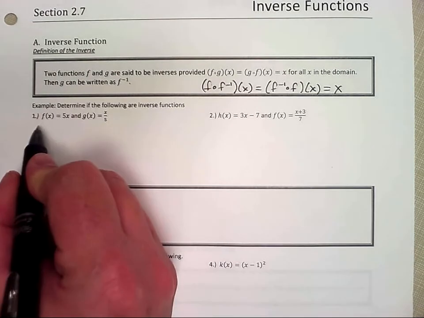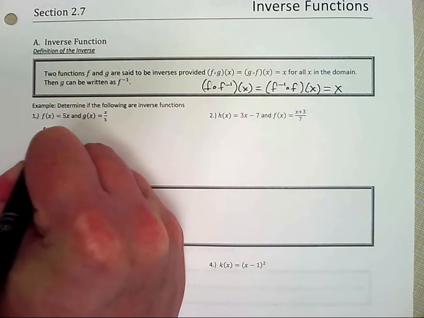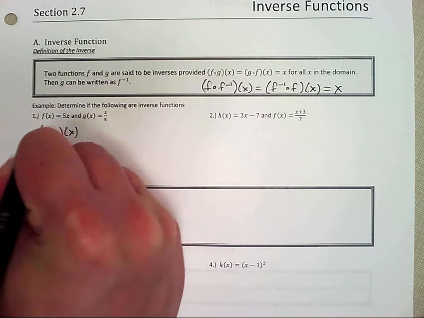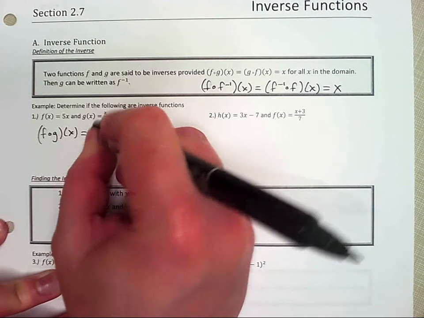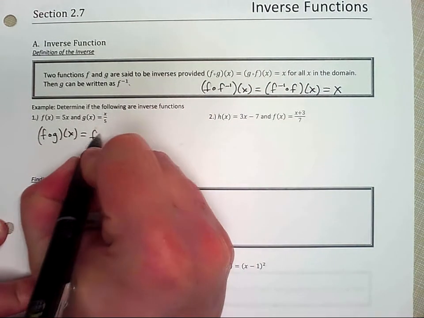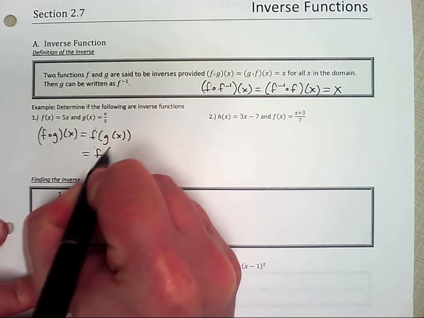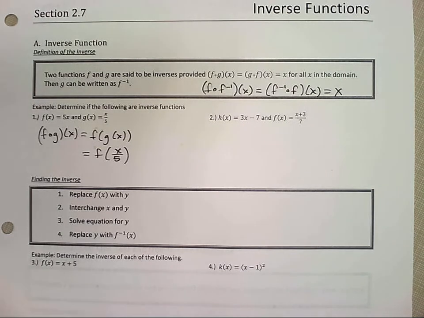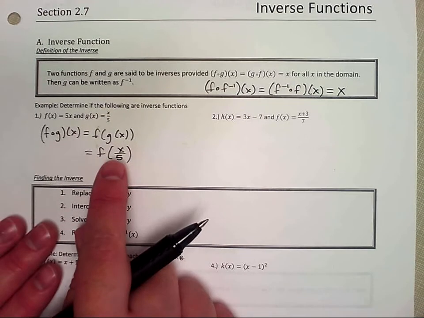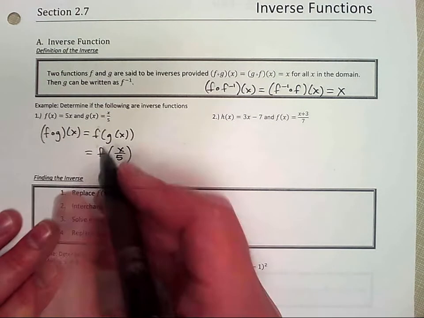So number 1, f of x equals 5x and g of x equals x over 5. So let's do f of g of x. And this is exactly what we did last time. First step is write down the definition. Then I'm writing what g equals. Just plug in what g equals. Now I'm taking x over 5 and plugging that into f wherever I see an x.